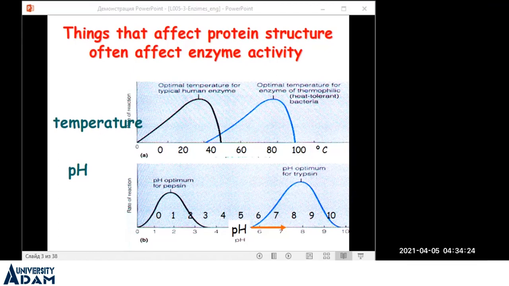But if we're talking about an enzyme, it can organize this process in other conditions, in a not so aggressive condition.